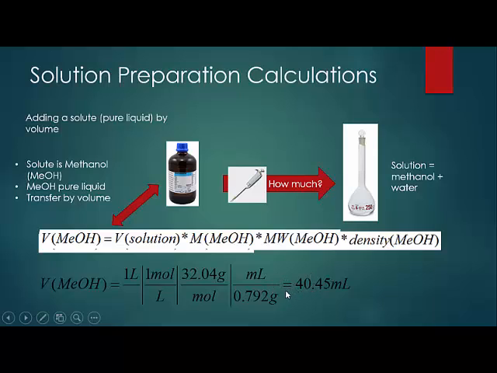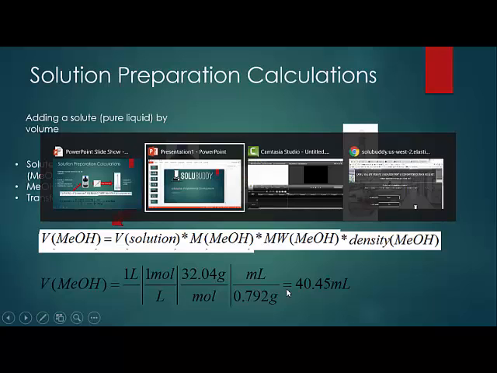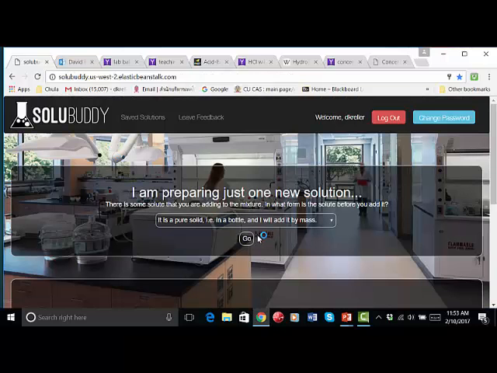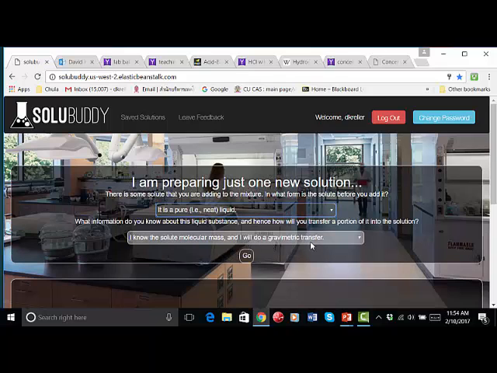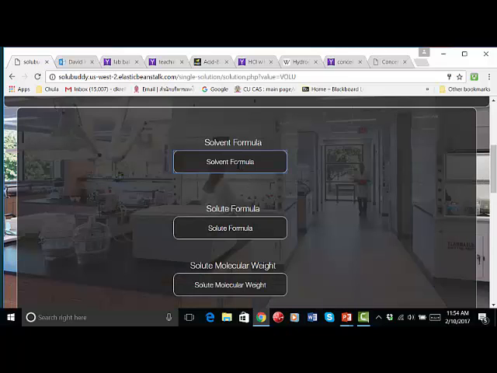So let's go over to SoluBuddy. Go back to the website. Okay, it's pure neat liquid, and I'm going to do a volumetric transfer. Just check my numbers here. Solvent formula. This field, make a note of this. This field, solvent formula, should be changed to solvent name, because we don't need to know the formula for solvents.